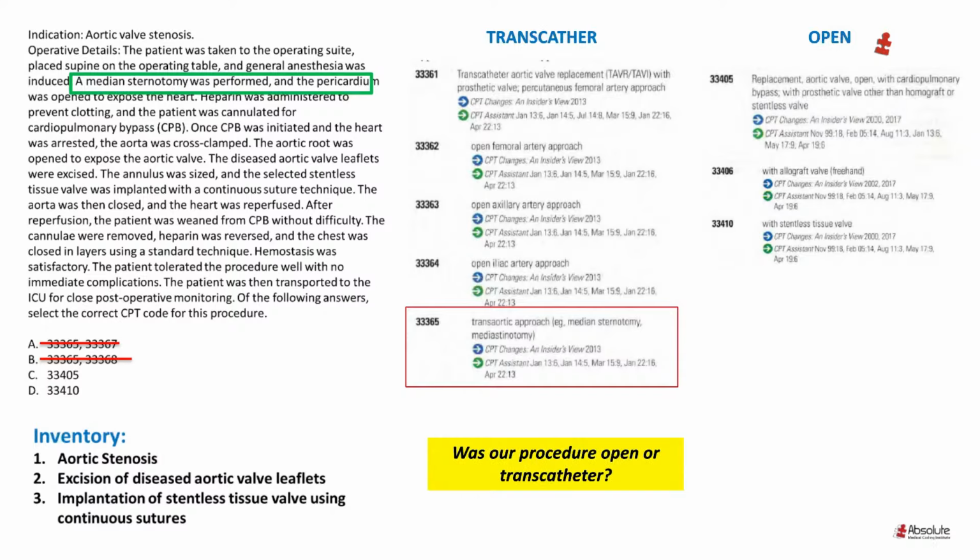So coders, this looked like it could be it, but 33410 looks like it is it because it has more keywords. This is the code for with stentless tissue valve, right? That's exactly our procedure. So we're going to go ahead and get rid of 33405. 33410 is our answer. And if you said 33410, outstanding, encoders.